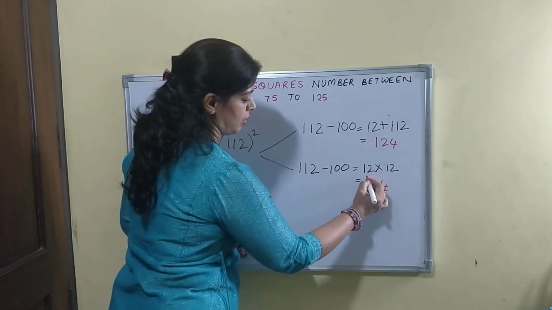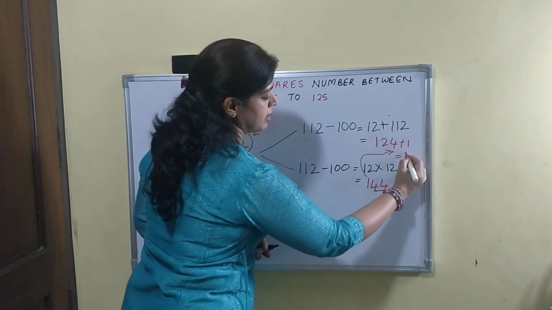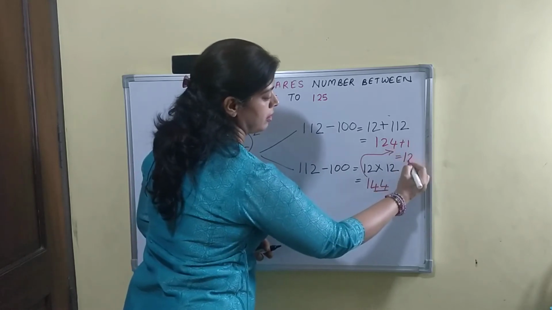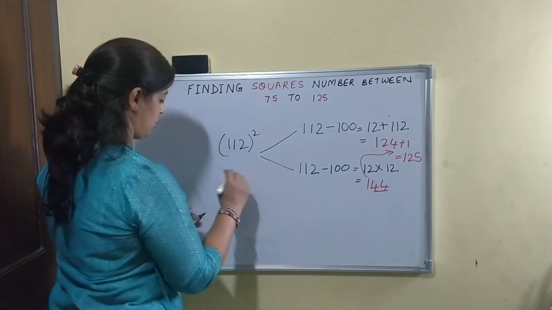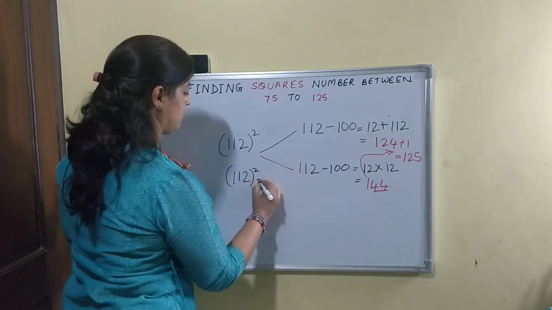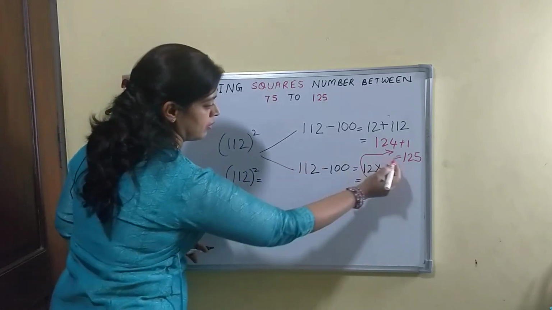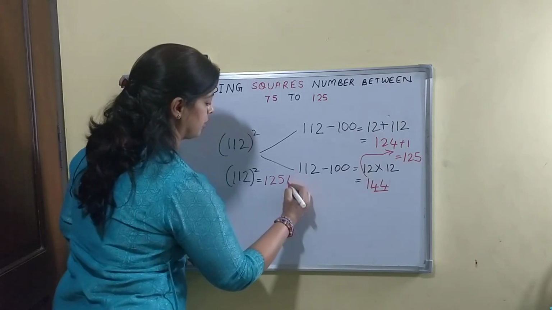This one of 144 I carry over here and make this as 124 plus 1, which gives me 125. So my answer is 112 square is equal to 125 and 44 from here.